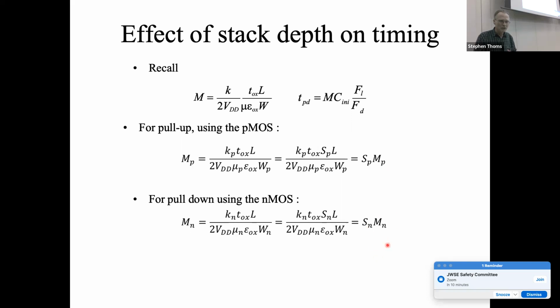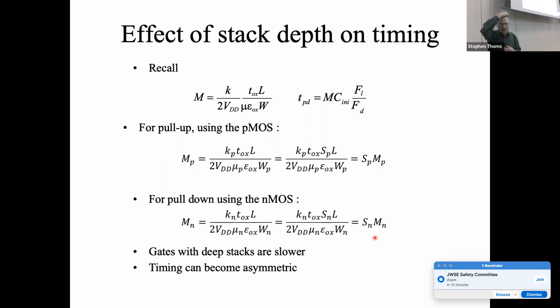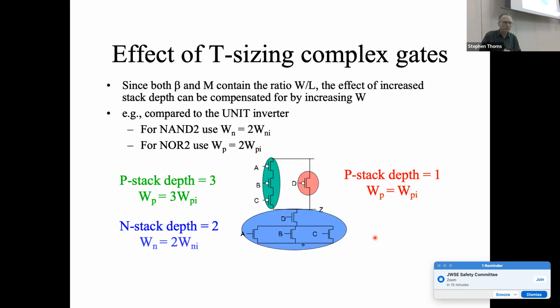And so basically your impedances are increasing, and so gates with deep stacks are slower. I mean, this is to some extent inevitable, but there are things you can do, of course, by changing the widths.